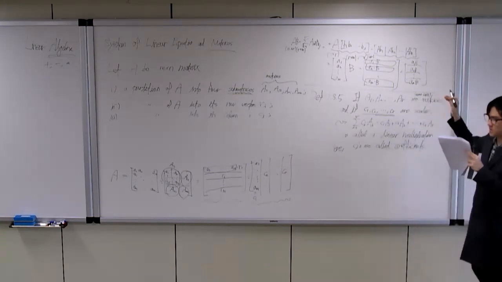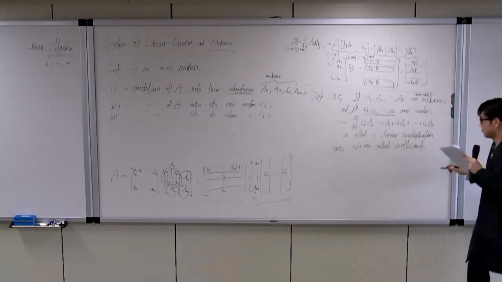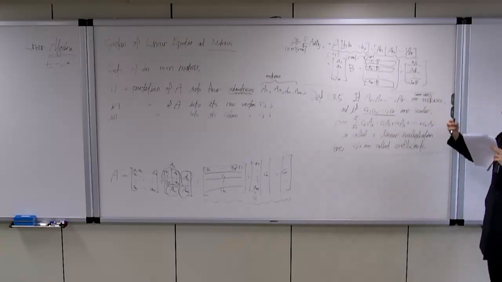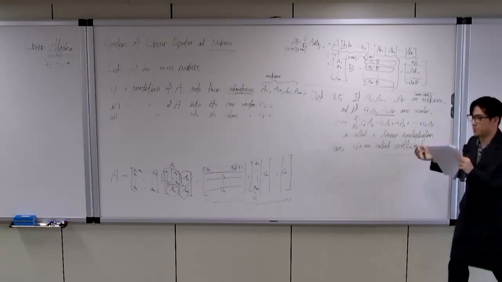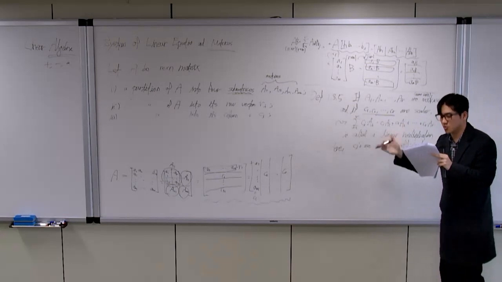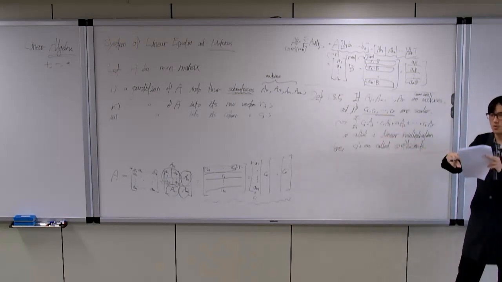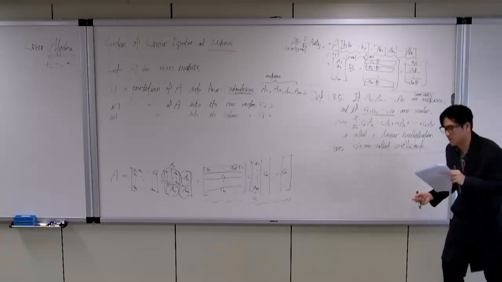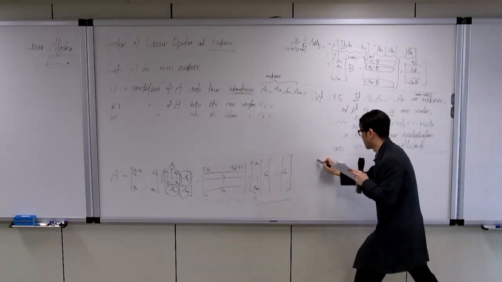So by using this, as I said, we can denote the matrix multiplication more easily, and I will give an example to represent a linear system. Let me give an example.